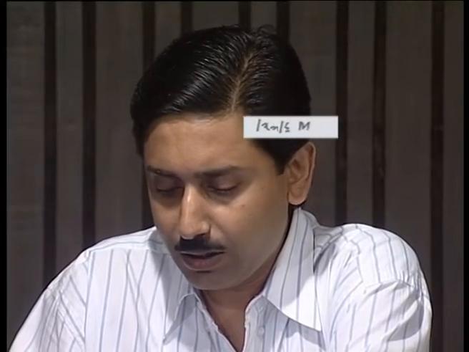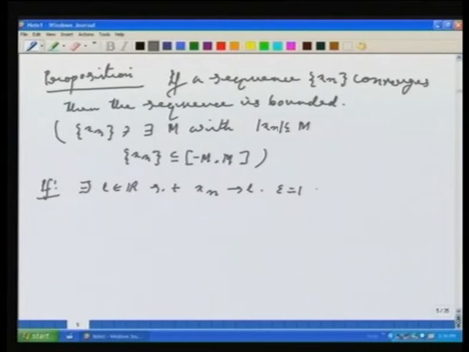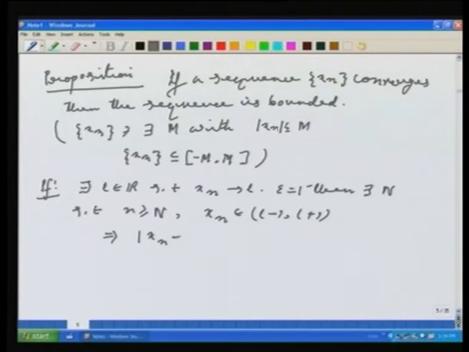I take epsilon equal to 1, then there exists a stage after which the whole sequence x n is in the interval L minus 1, L plus 1. This implies that mod of x n minus L is less than 1, which again implies mod of x n is less than or equal to 1.